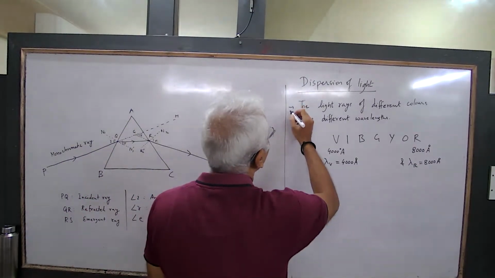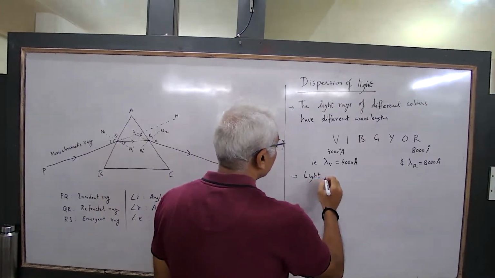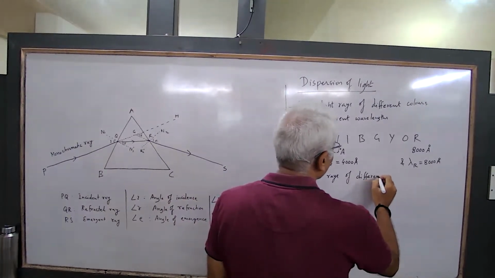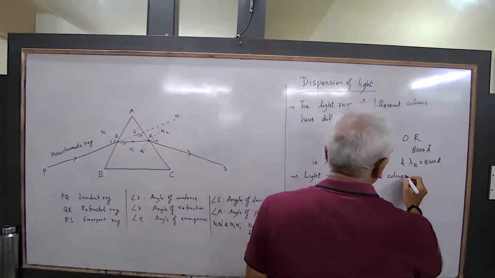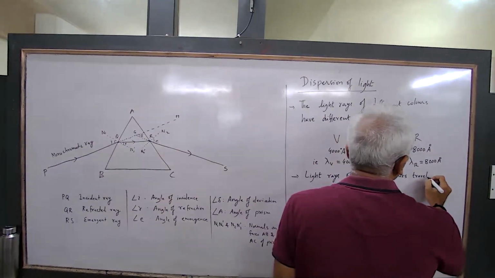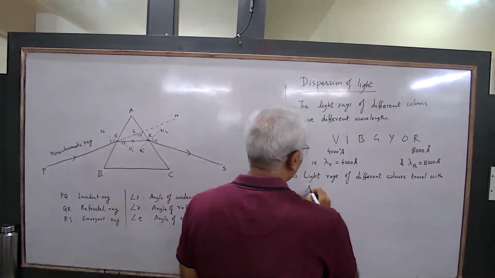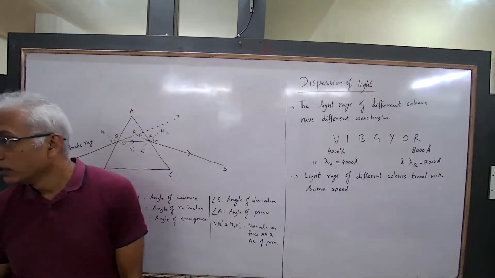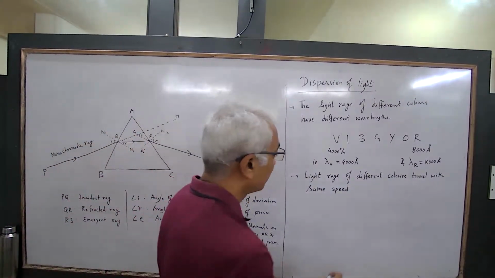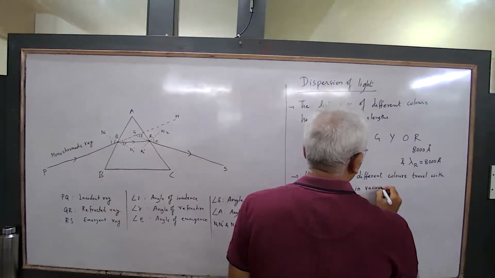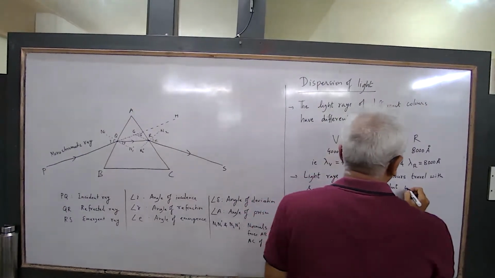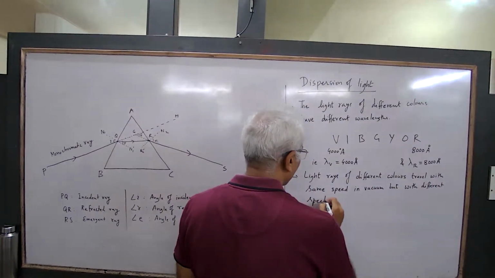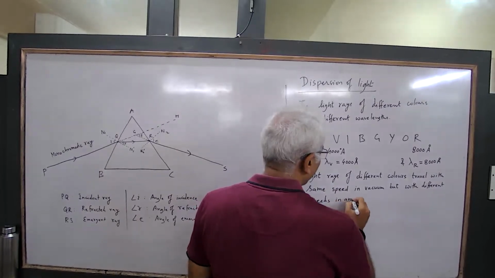And the other fact is light rays of different colors travel with same speed in vacuum, but with different speeds in any other medium.